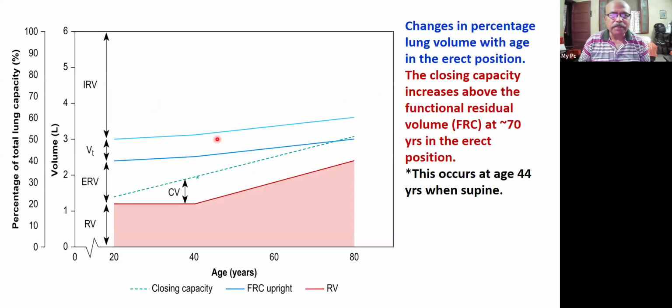Now in this graph, you can see there are changes in percentage of lung volume with age in the erect posture. Now the closing capacity increases above the functional residual capacity at around 70 years of age in erect posture. But when the patient lies down, it occurs at the age of 44 years.